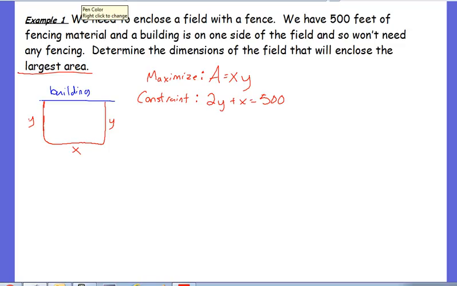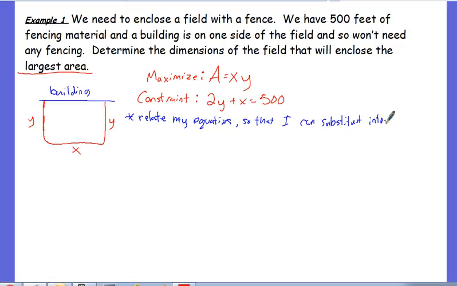So what I'm going to do is I'm going to relate my equations so that I can substitute into my max slash min equation, because depending on what I'm trying to find, max slash min, so it will have only one variable.